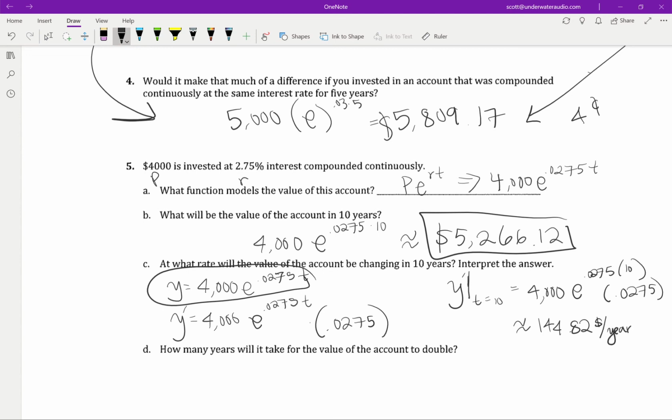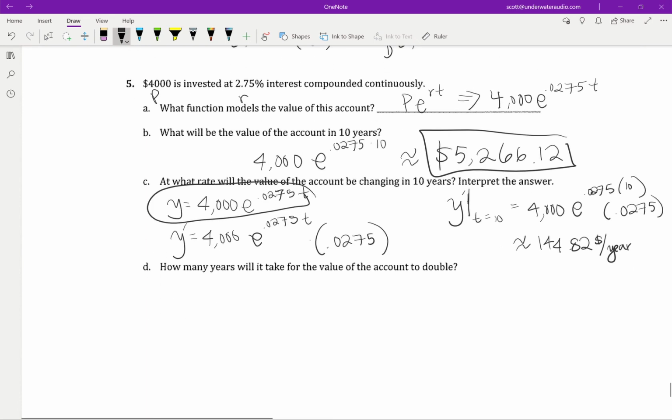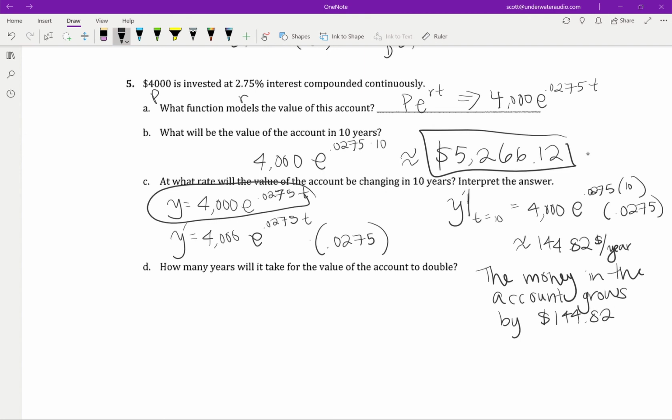So roughly, the money in the account is increasing by about $150 a year. So that's nice. That's comforting.